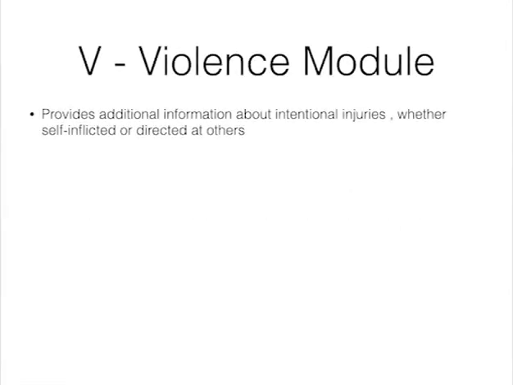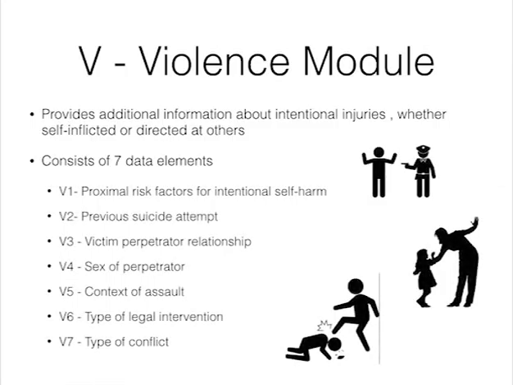The violence module provides additional information for the intent data element of the core module. It consists of 7 data elements or variables. To explain some of these data elements, V1 or proximal risk factors for intentional self-harm is defined as the most recent crisis that led to the self-harm incident.